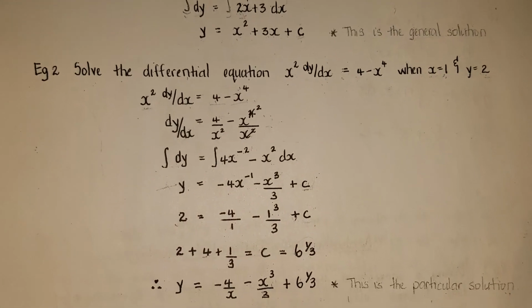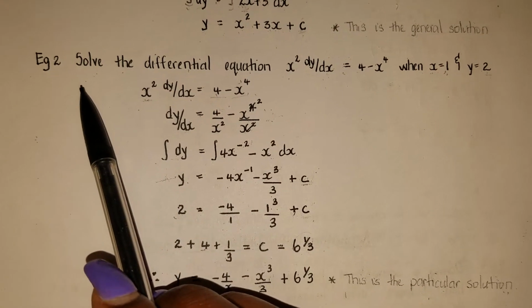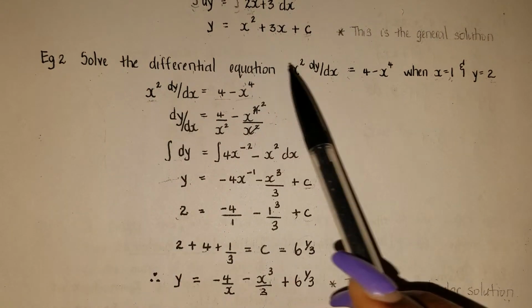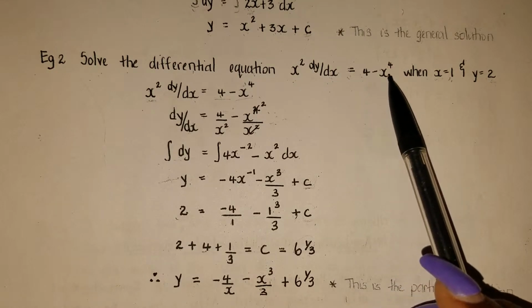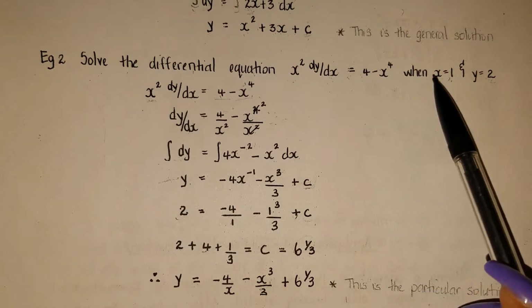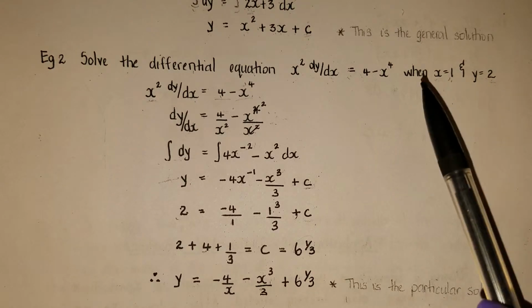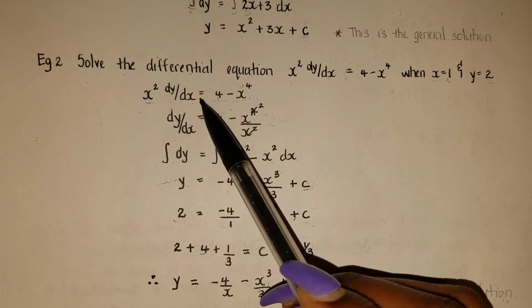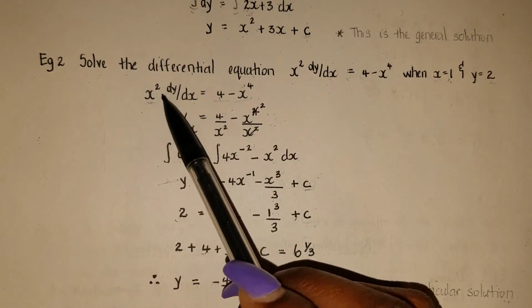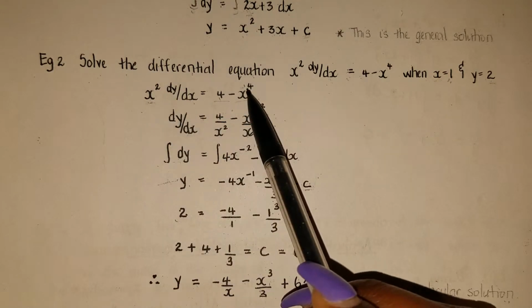In our second example, it says, solve the differential equation x squared dy/dx equals 4 minus x to the 4, when x equals 1 and y equals 2. So the first thing we have to do is separate our variables. Here we have x squared on this side. We're going to bring it to the opposite side.